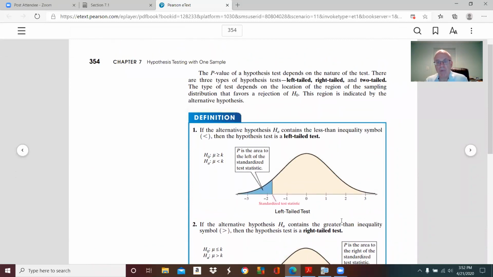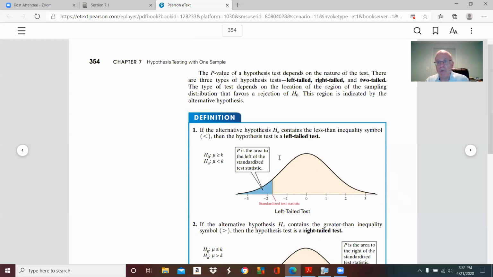When we get to the next section, 7.2, we're going to actually use these charts. So it'll be clear to you, hopefully, at that point. But for now, let's just go through it, and it'll become more clear to you next time when we speak.